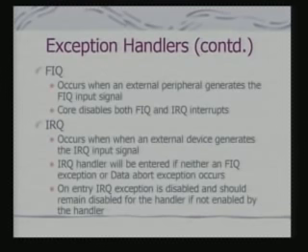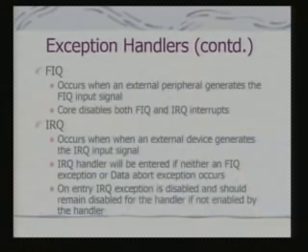Also, I hope you remember that a large number of register copies become available in FIQ mode, so the software latency would be much less compared to IRQ. The IRQ handler is entered if neither an FIQ nor a data abort exception occurs, because those are of higher priority, and reset is not normally expected to occur other than when the system is booting up.